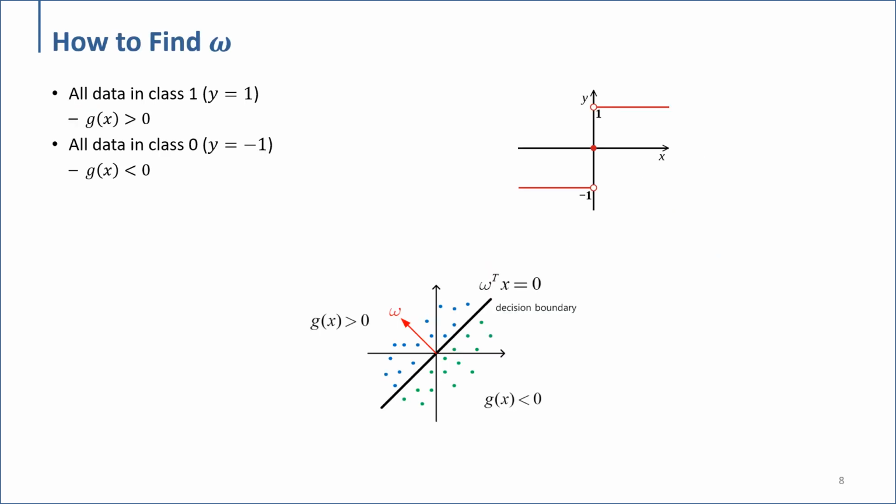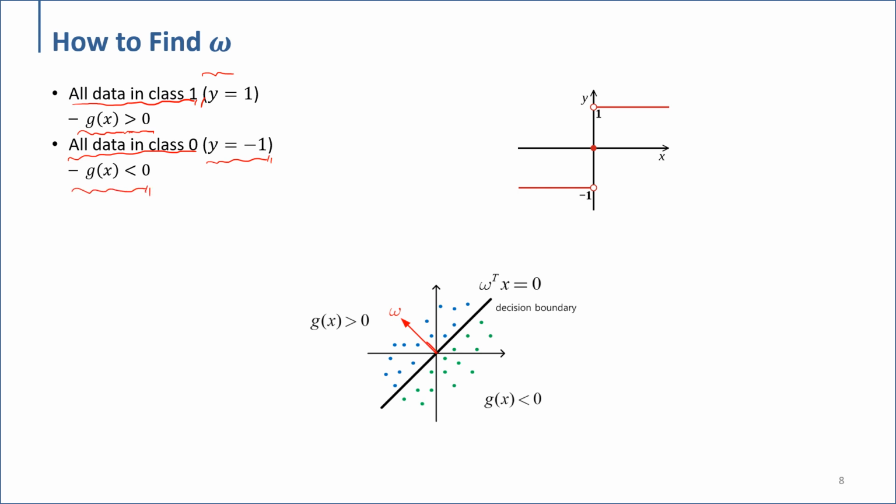Then the question is how to find omega. From the geometrical point of view, we know that all data in class 1 has g(x) larger than 0. And for all data in class 0, where y is -1, g(x) is smaller than 0.